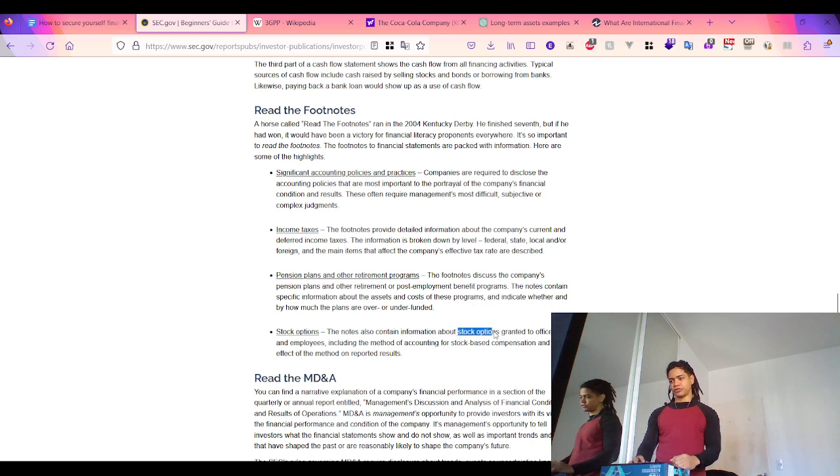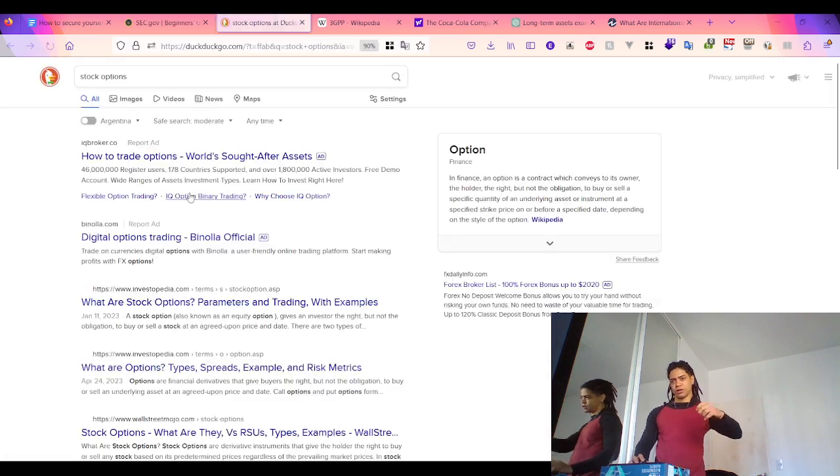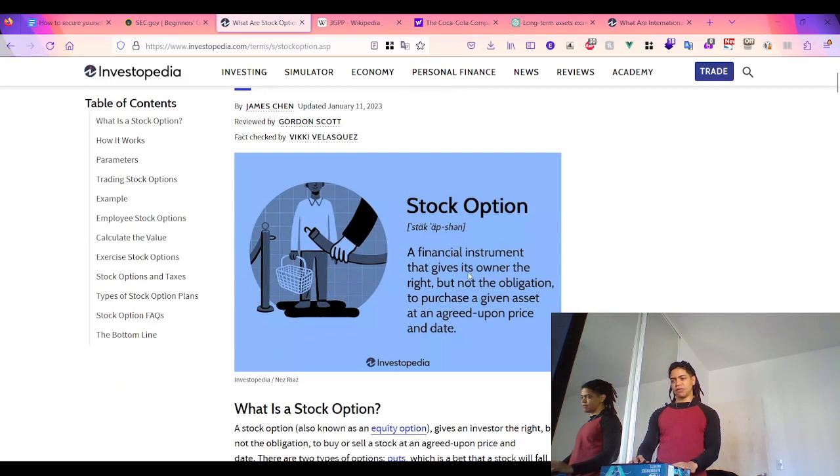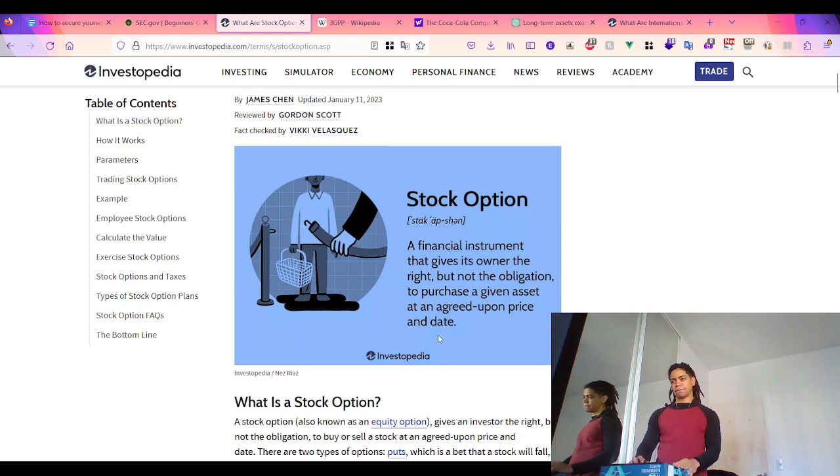So what are stock options? That's the question. What are stock options? A financial instrument that gives its owner the right but not the obligation to purchase a given asset at an agreed upon price and date.